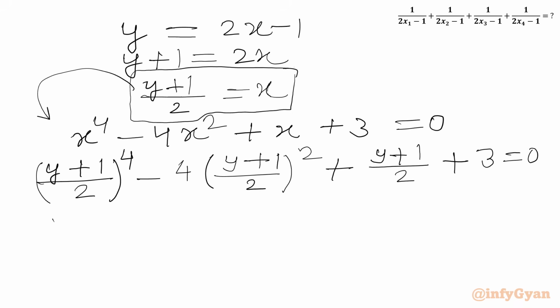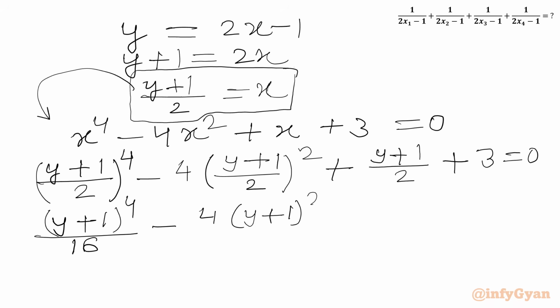Or we can write y plus 1 whole power 4 over 2 power 4, so we can write 16 also, minus 4 times y plus 1 whole square over 2 square, which we can write 4, plus y plus 1 over 2 plus 3 equal to 0.